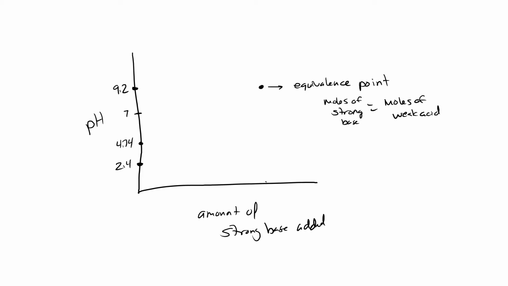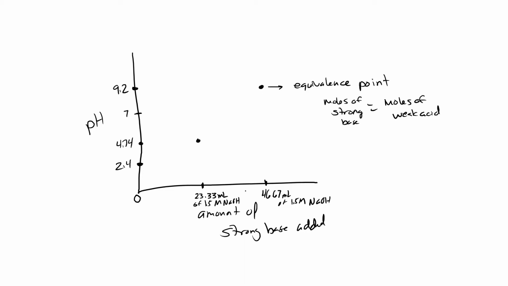If this is our equivalence point, it turns out that exactly halfway between no base, so 0 base added, and what was this? This was 46.67 milliliters of 1.5 molar NaOH. Exactly halfway between, so 23.33 milliliters of 1.5 molar NaOH, is where we're going to hit 4.74, right?